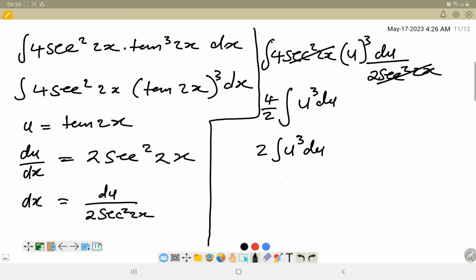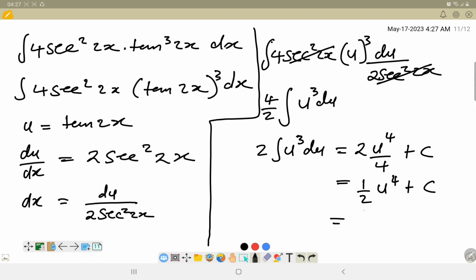When we apply the u formula here, we end up having 2 u to the power, our n is 3, so it's going to be 3 plus 1, so it will be u to the power 4 over 4 plus c. 2 over 4 is 1 over 2 u to the power 4 plus c.